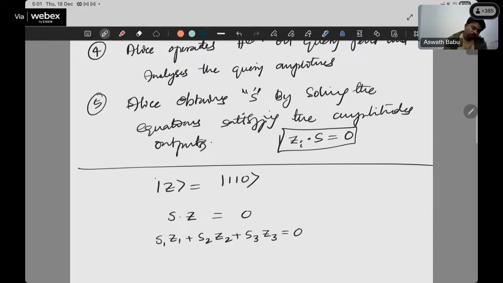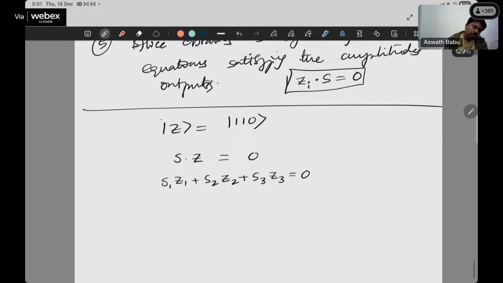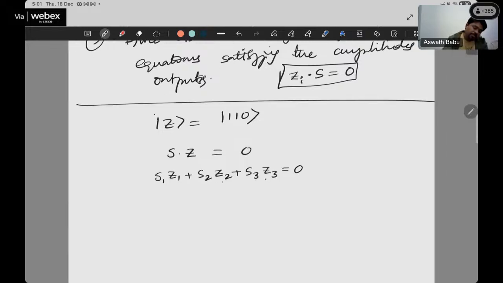By the way, I just got to know what z1, z2, z3 are. z1 is 1, z2 is 1, z3 is 0. From there I can make out what s1, s2 and s3 would be. By the way, it's not easy, because when you substitute z1, z2, z3 here, what happens?